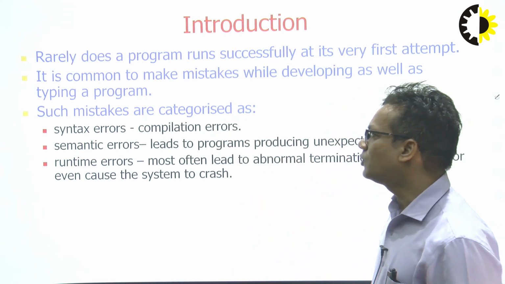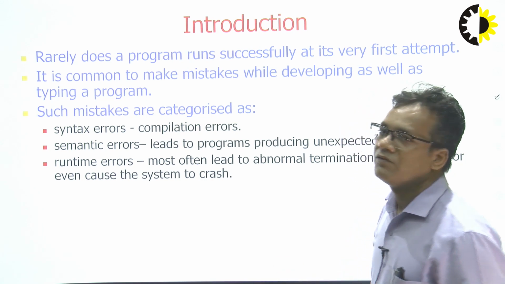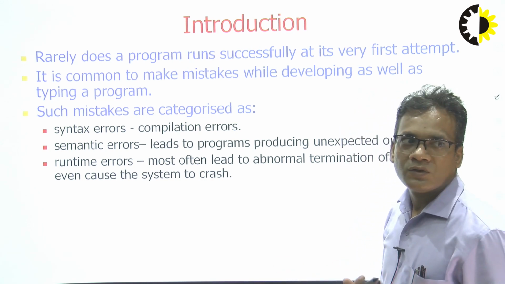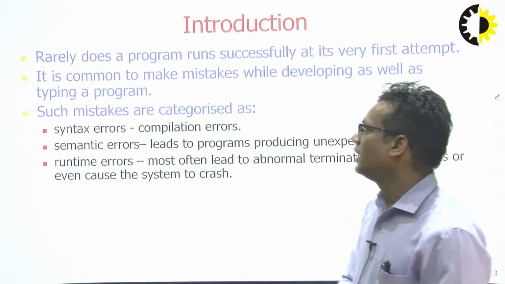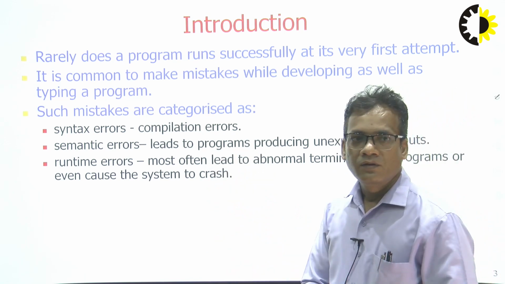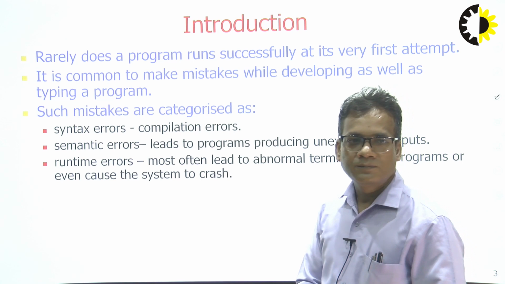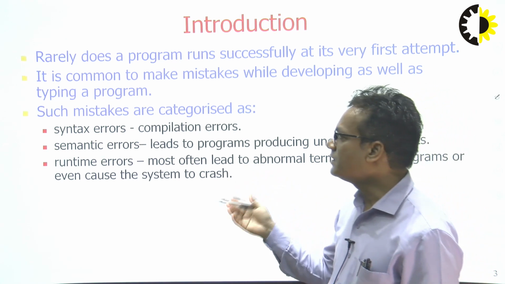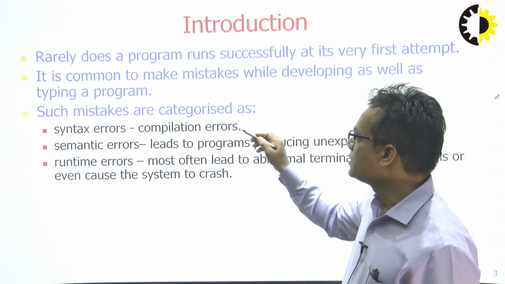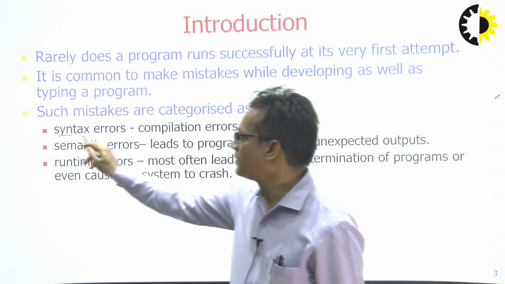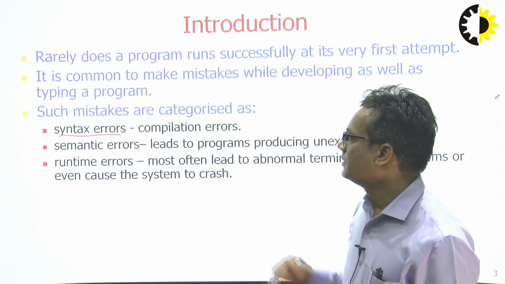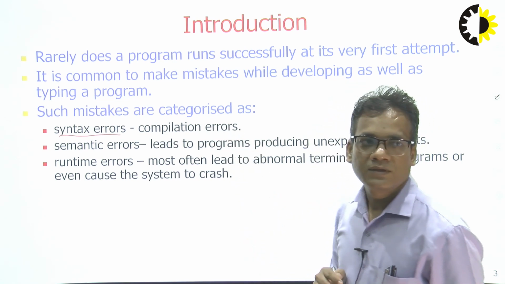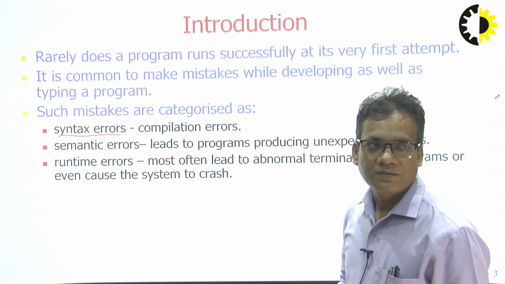or it may have some other logical mistakes. If we categorize those mistakes, there are basically 3 kinds of errors we face during our program compilation and runtime. First is syntax error. These errors come at compilation time.